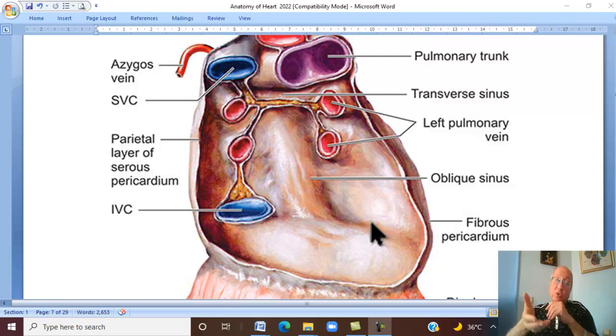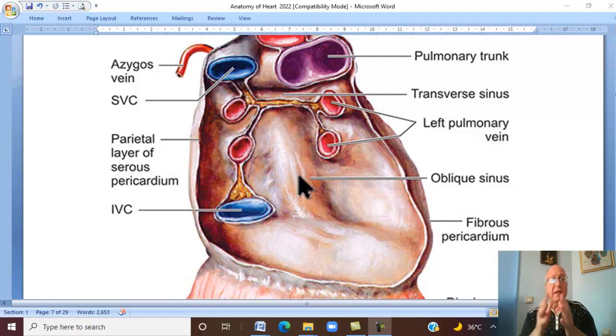And if you introduce your hand below the apex, below the diaphragmatic surface, to reach behind the heart, you will meet a potential space, which is a part of the pericardium, called the oblique sinus of the pericardium.